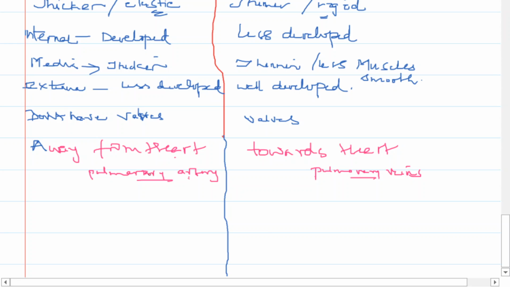And then the actual flow is fast and intermittent. That means it flows in spurts, like your heartbeat.